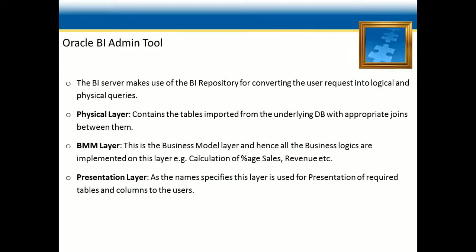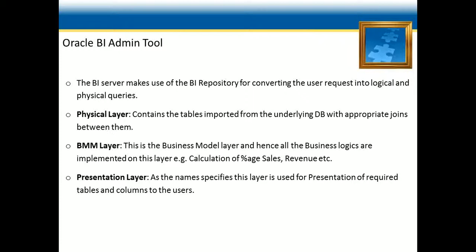So in the Oracle BI admin tool, the BI server makes use of the BI repository for converting the user request into logical and physical queries. So what is the definition of the physical layer? It contains the tables imported from the underlying database with appropriate joins between them. What does the BMM layer contain?